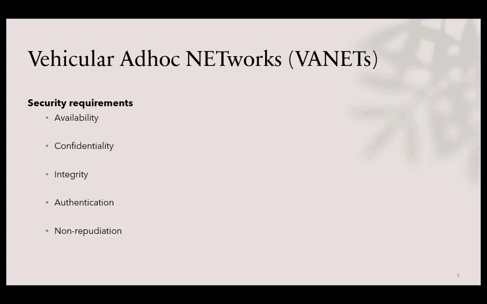Hence, VANET should assure, as any other network, these security requirements. The availability means that the network functions well and information is always available. Confidentiality involves regulations that restrict access to a set of resources.